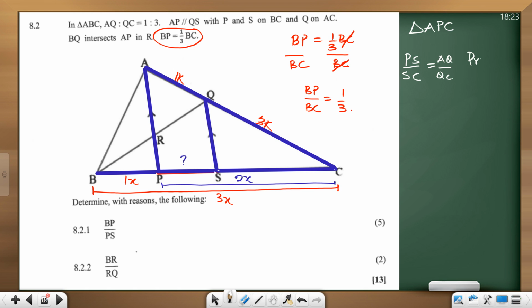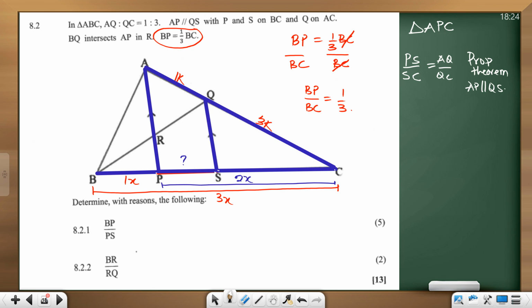What's your reason? Proportion theorem. And when you write proportion theorem, you must tell us the lines that are parallel. Which lines are parallel? Let's throw in all the values that we know.